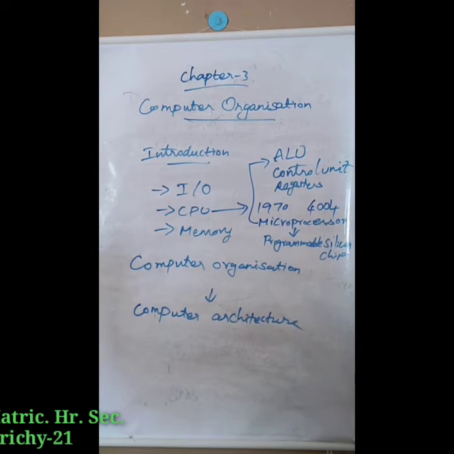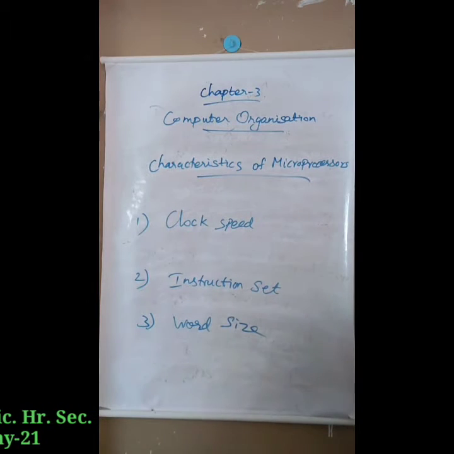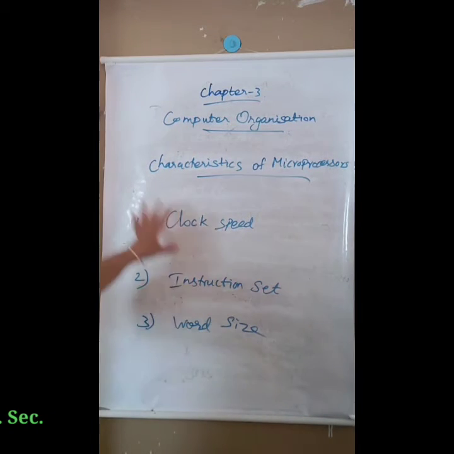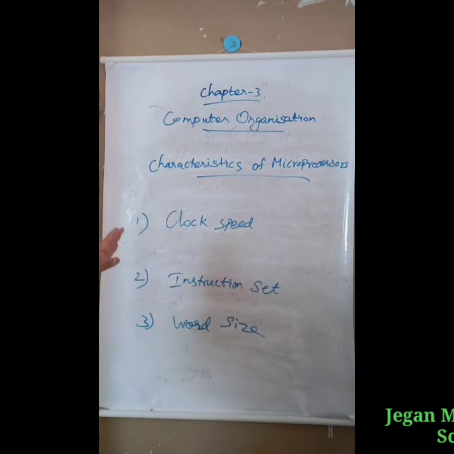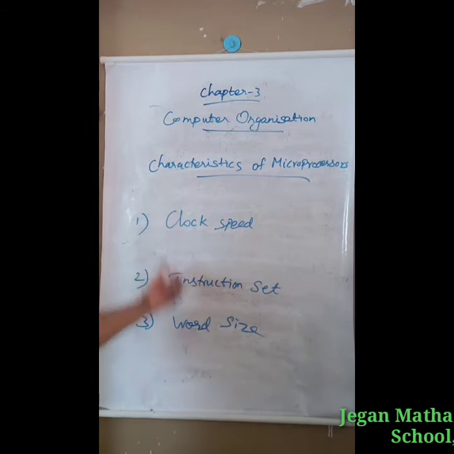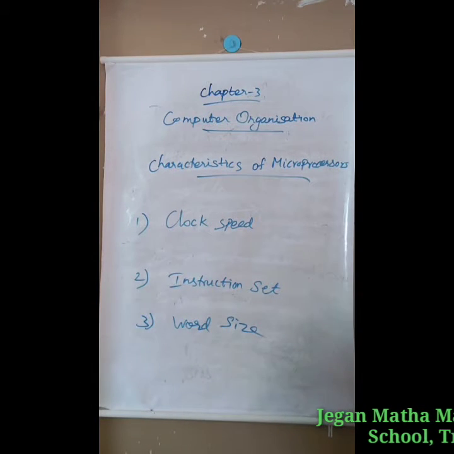Next, characteristics of microprocessor. So the microprocessor performance depends on the following characteristics, that is clock speed, instruction set, and word size. So the first one is clock speed. So here clock speed means that every microprocessor has an internal clock.